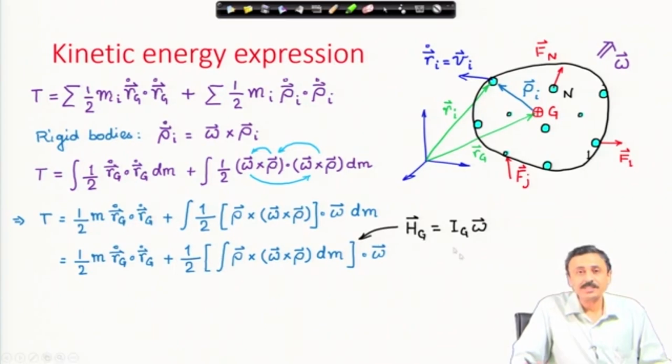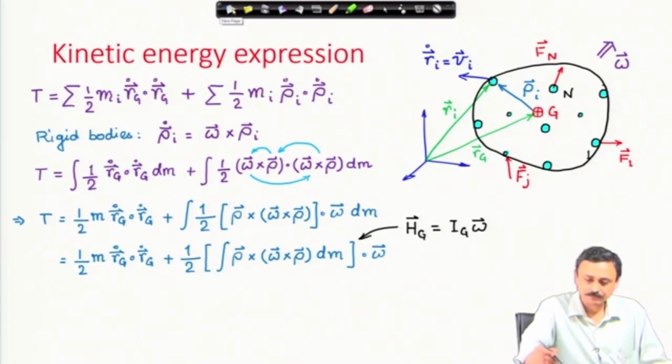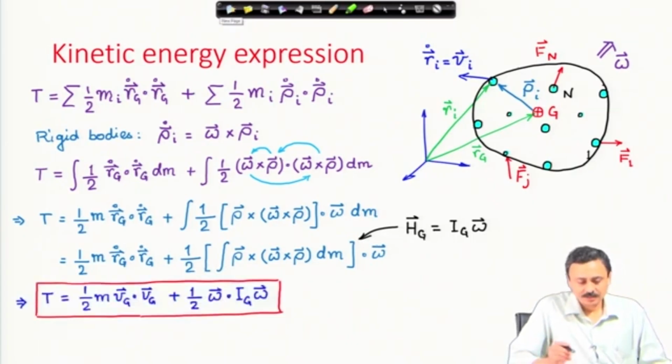Now, since we are discussing planar kinetics, Ig is a scalar quantity, but planar kinetics for prismatic bodies. Therefore, the expression of total kinetic energy of this prismatic rigid body, you can think, is 1/2 m Vg square plus 1/2 omega dot Ig times omega.